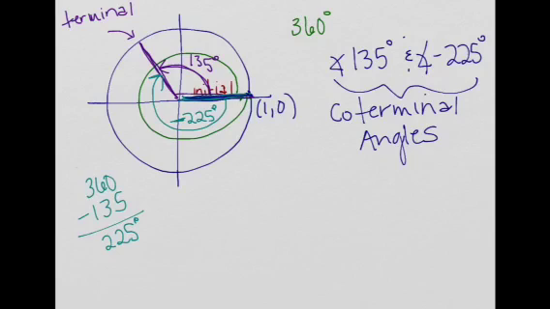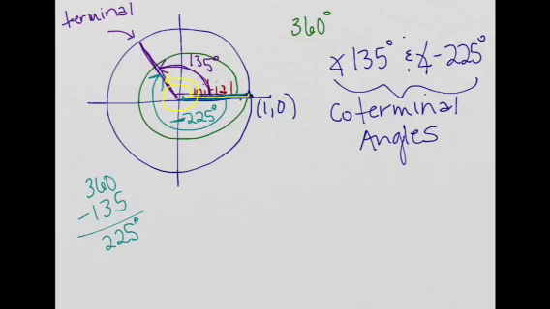I asked this question in class, do you think there are any more coterminal angles for that particular angle 135? Well, let me tell you there are, and here's why. I could start at the same initial side, and I could go around and come back to here.